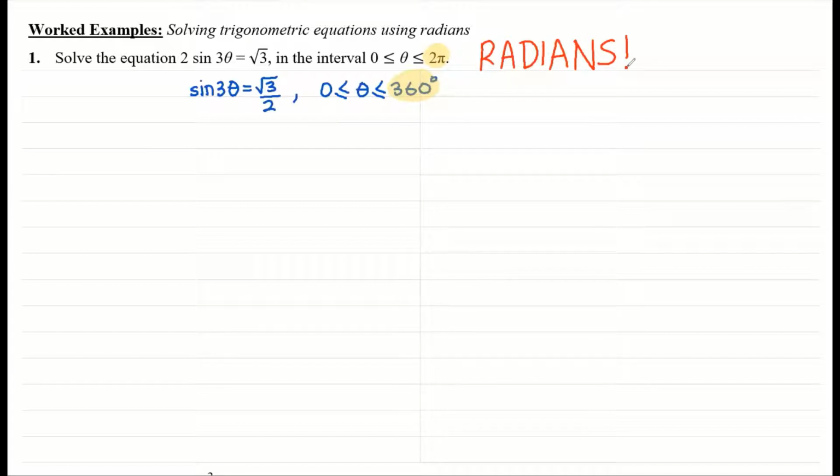So we have sine of 3 theta. Now, we're going to use a principal angle here. So I'm going to say, let big X equal 3 theta. There's also a couple of other things we can do here. We can make some predictions, and it's a good idea to do this because you'll have an idea in your head whether you've done this correctly.